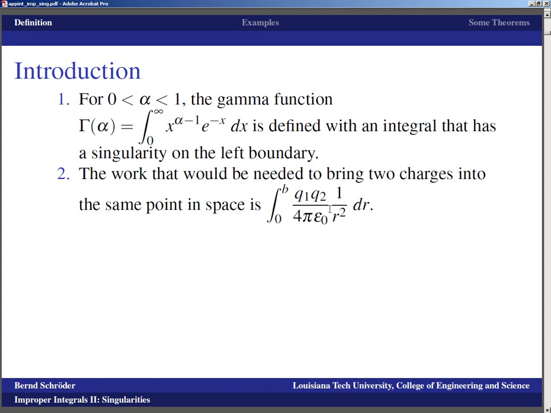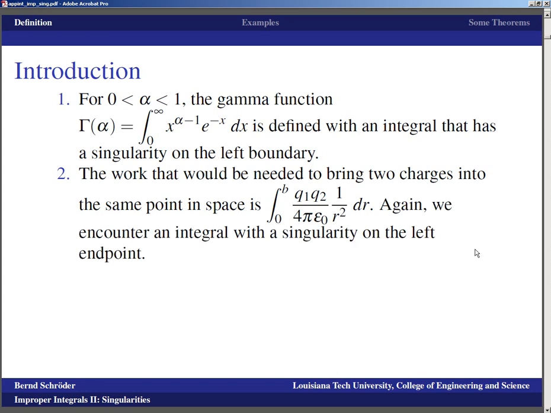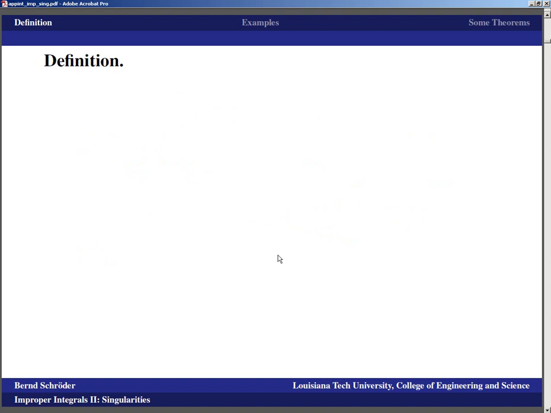I specifically wanted to write it like this because, of course, this thing here, even though it's big and ugly, is just a number that can come out of the integral. The hard part will be to figure out the integral of 1 over r squared, and we can find the antiderivative. The hard part is to figure out what happens at 0. So again, here also we encounter an integral with a singularity on the left endpoint.